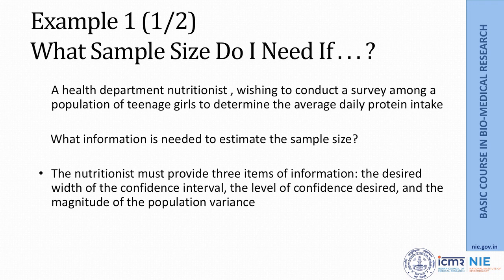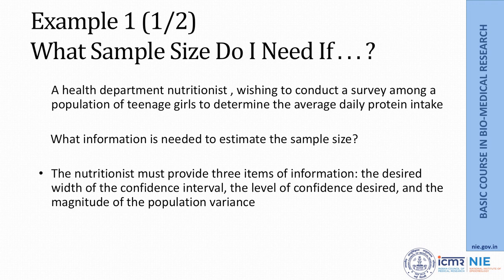A health department nutritionist wishes to do a survey among a population of teenage girls to determine the average daily protein intake. So that's the research problem. And what information is needed to estimate the sample size?